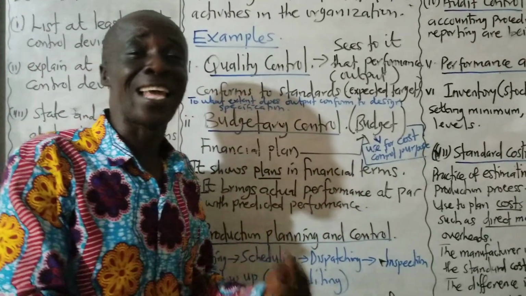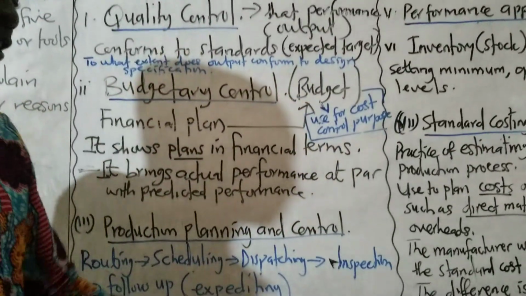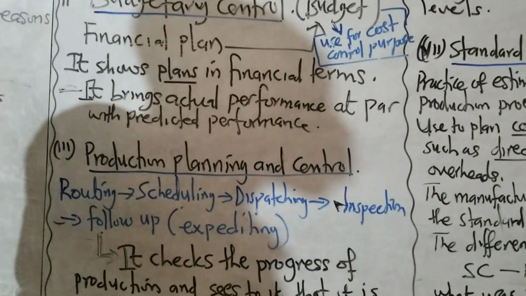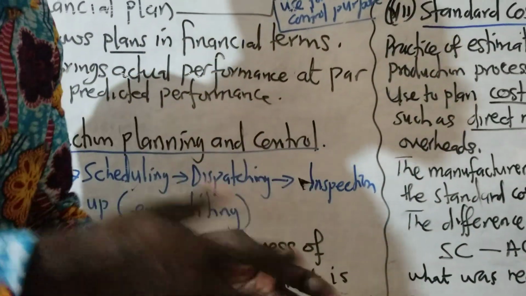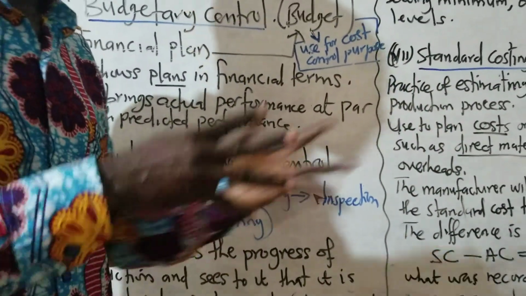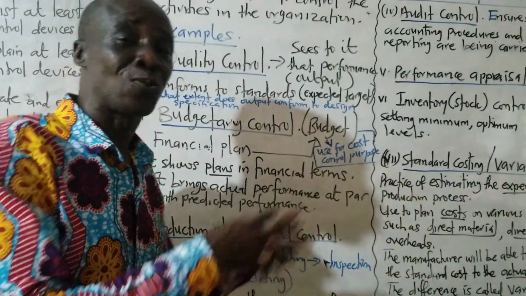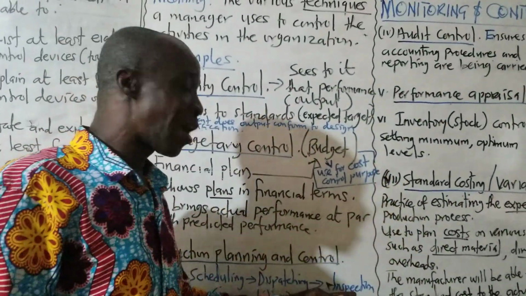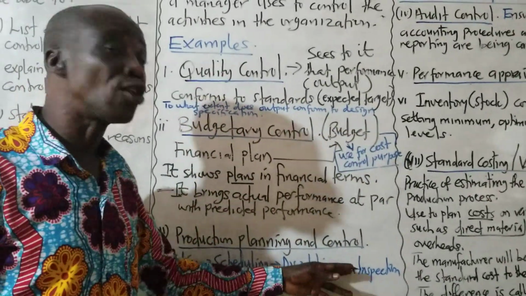Then whilst you are giving orders and they are doing it, you need inspection. You need to find out what is actually being done. As a manager, you have to go around, you have to supervise to find out what is being done. Well, others will not bring this inspection, but they will say loading.